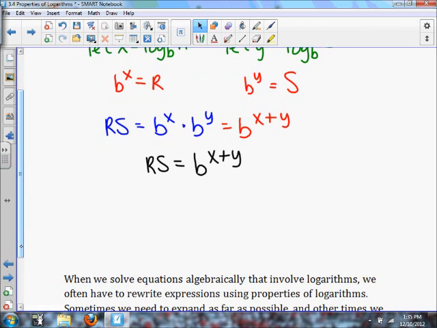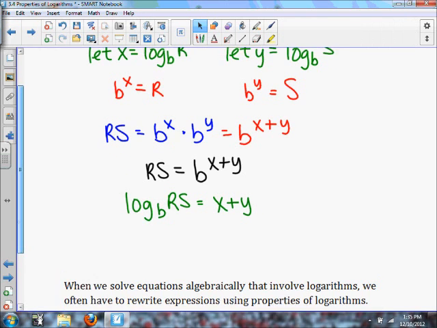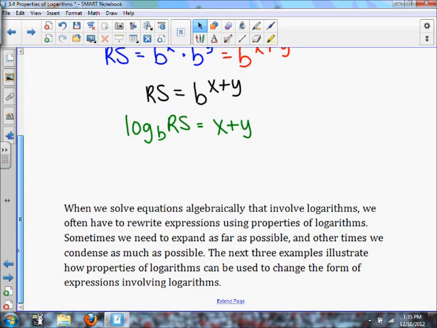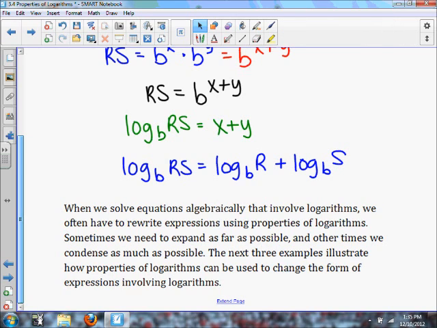Switching this back to logarithmic form, we would have log of rs to the base b is equal to x plus y. But since x is log of r to the base b and y is log of s to the base b, we can simply write this as so. Therefore, we did just prove the product rule for logarithms.